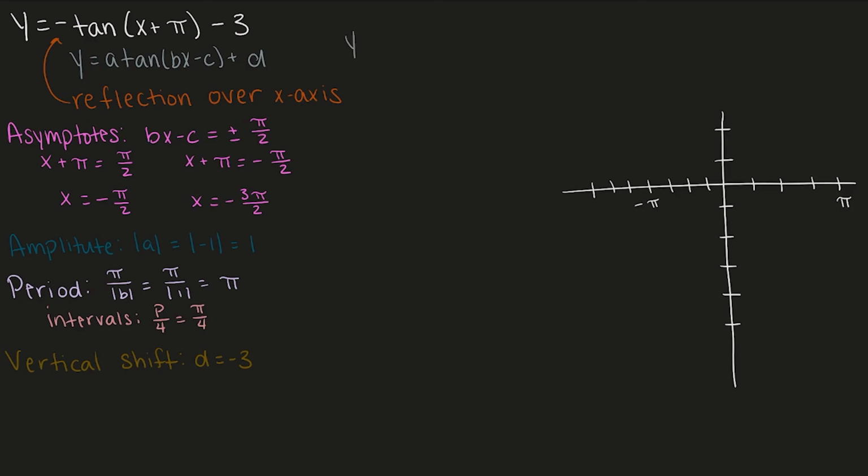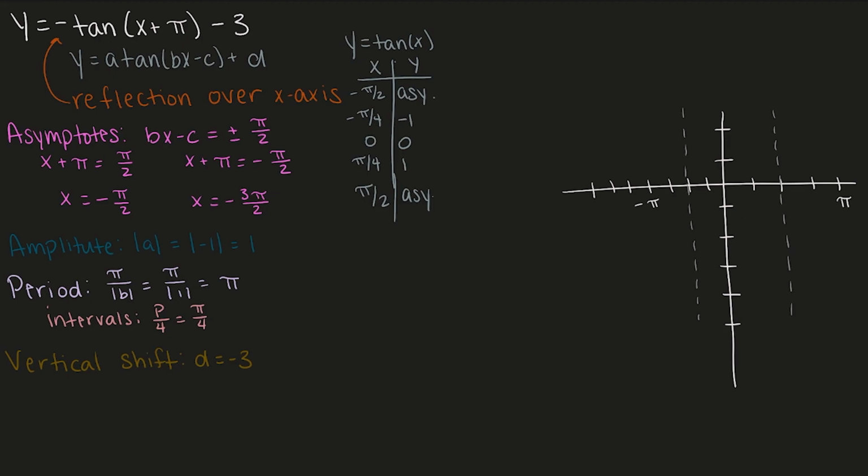Here's the graph of our parent function. Now, let's find our table of values and graph our transformed function.